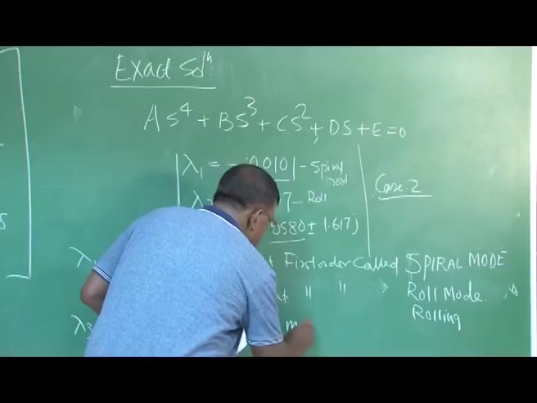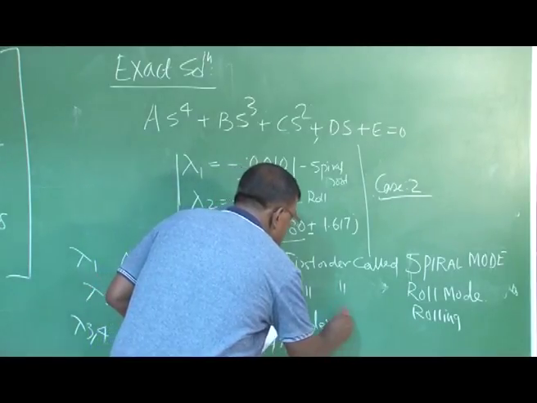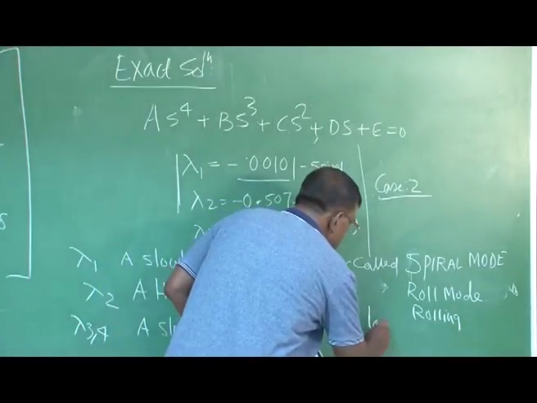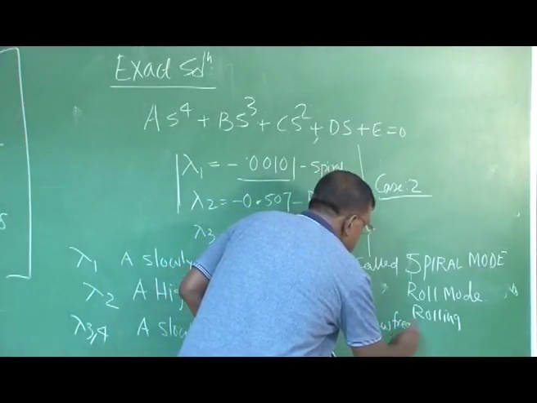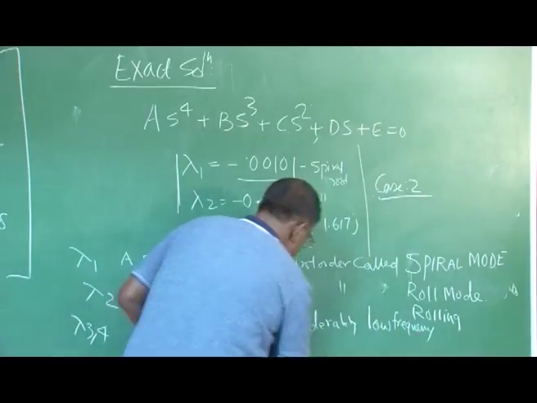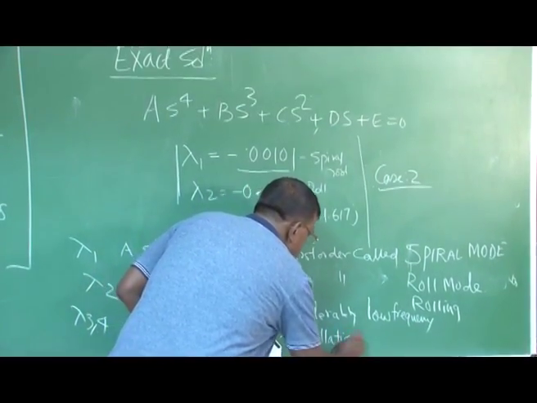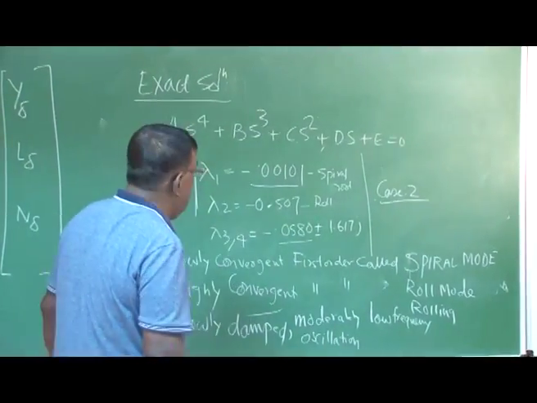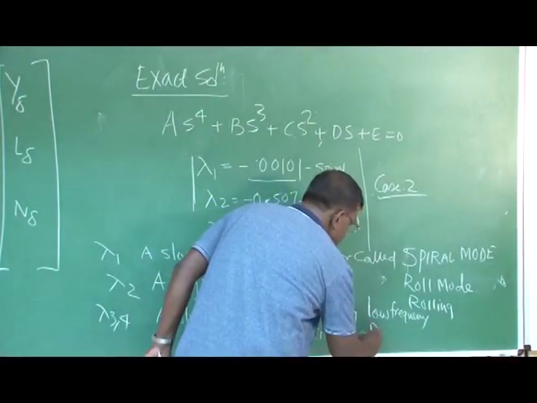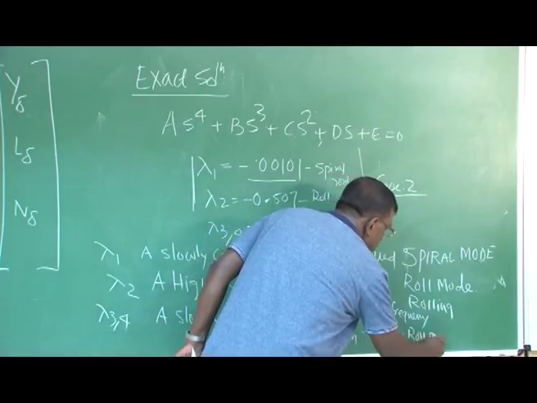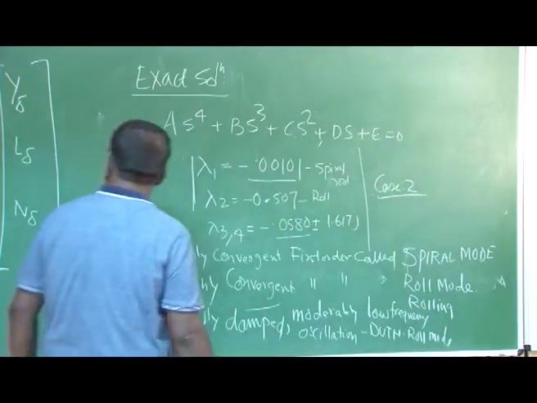Then moderately low frequency oscillation called Dutch roll mode. Let me write clearly here.